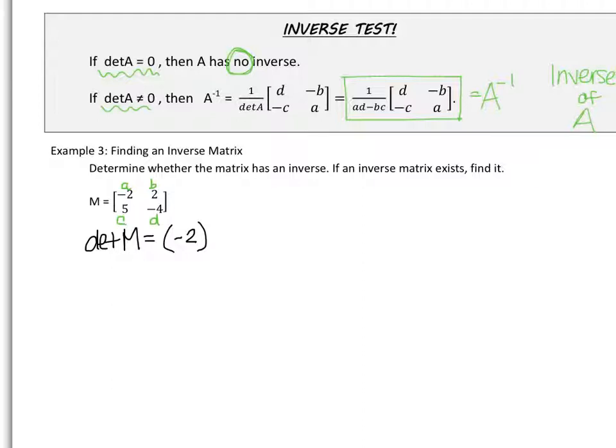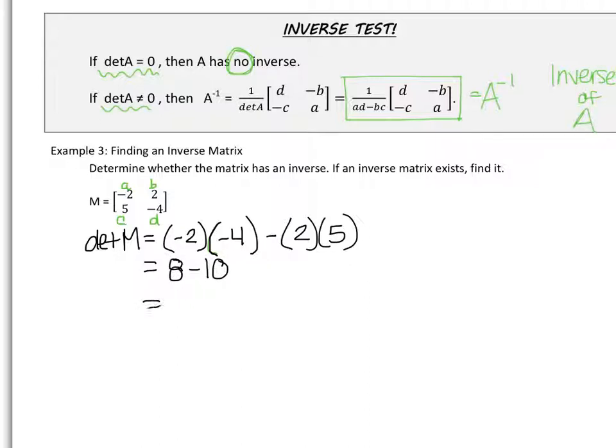So what was in the A spot? What's in the D spot? -4, minus, what's in the B spot? And then C, 5. Okay, so that is what? 8 minus 10.